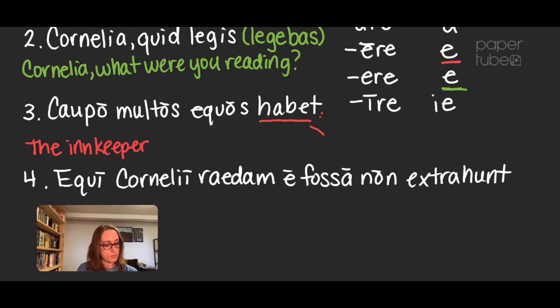So that's going to be, start with HAB because we took the ET away, add the E back for the imperfect ending, and then what ending do I put here? This is third person singular, it's he, she, it, bam, bas, bat.